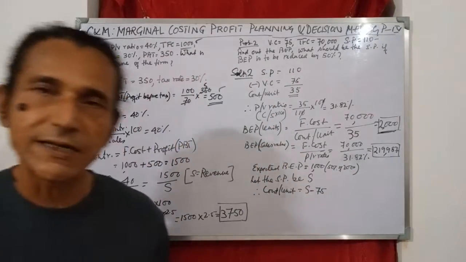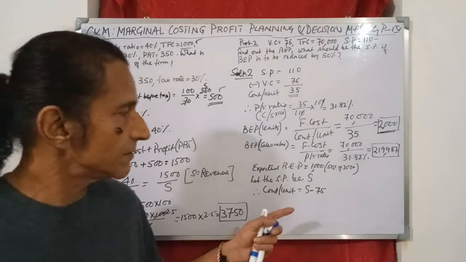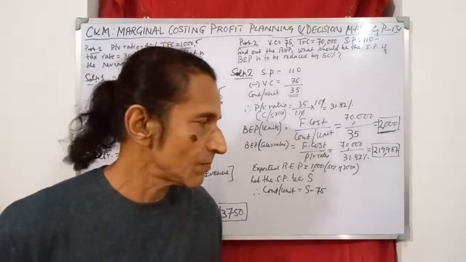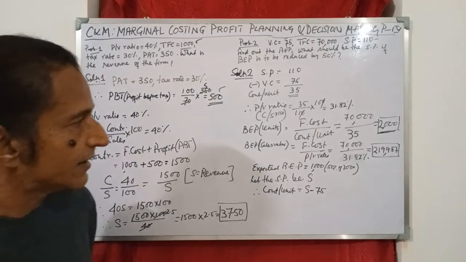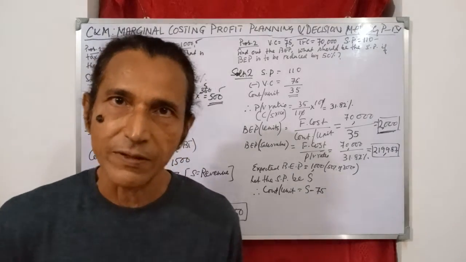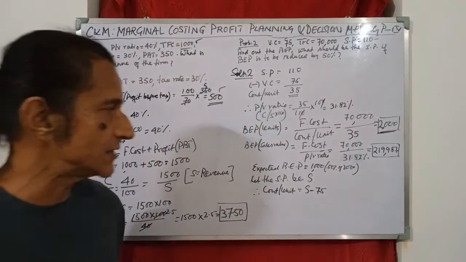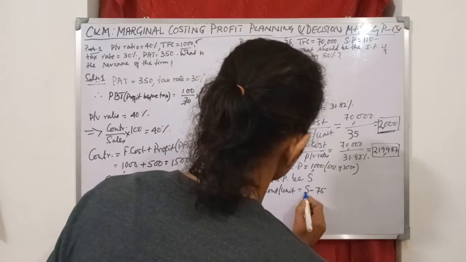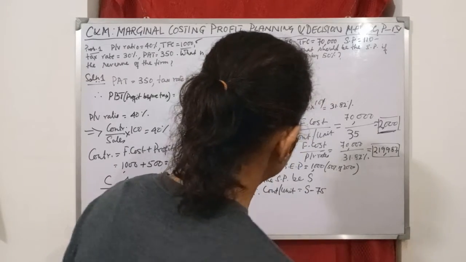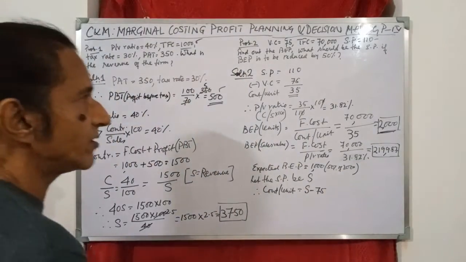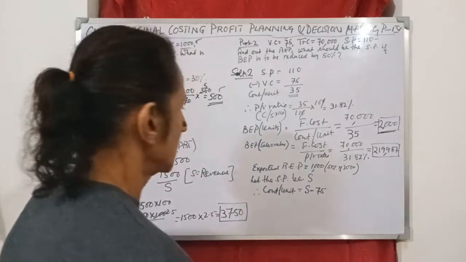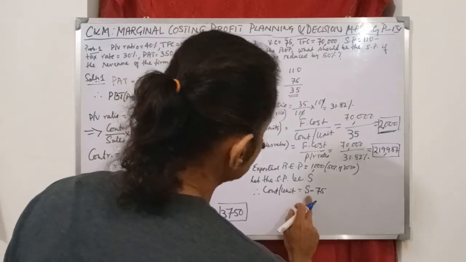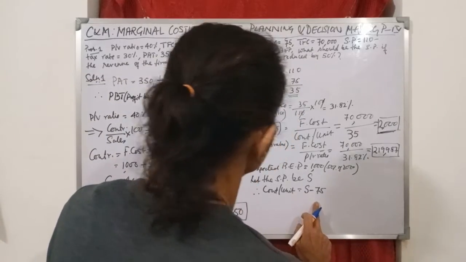There is no change in variable cost, only the sales price will change. So the contribution per unit will be S minus 75 if S is the expected sales price when the firm wants to reduce the break-even point by 50%. So contribution is S minus 75, right?